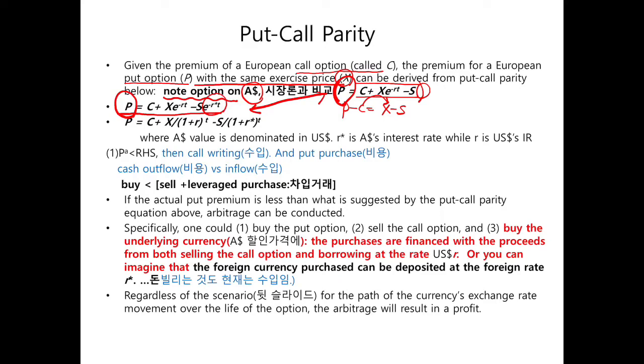If we are talking about an option on Australian dollar, the interest rate applied on the Australian currency is applied here, right? For this exercise price X, at this exercise price we can issue a bond, or in another way, you can borrow this amount of principal at this discounted price.